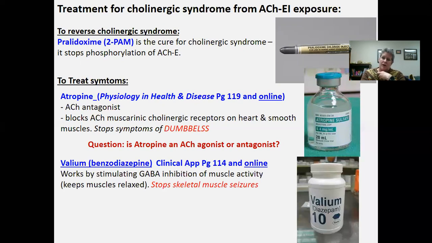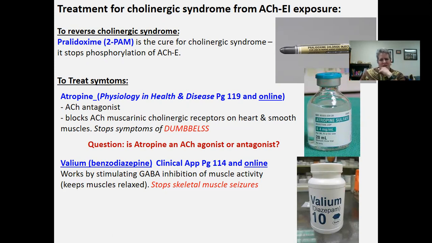That will calm your skeletal muscles, it'll stop the seizures, and so the body temperature can come down. Now, what this drug, Valium, actually does is stimulate GABA. It's an inhibitory neurotransmitter in your brain. So it's working in your brain with a neurotransmitter that's meant to quiet your skeletal muscles, okay?